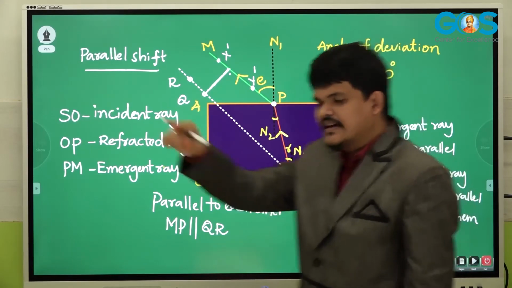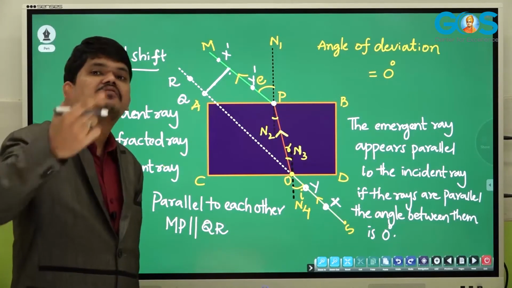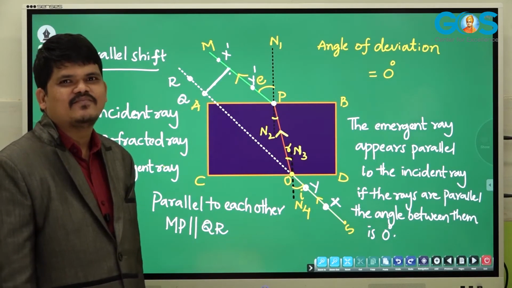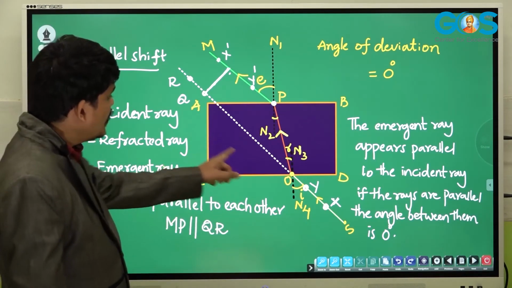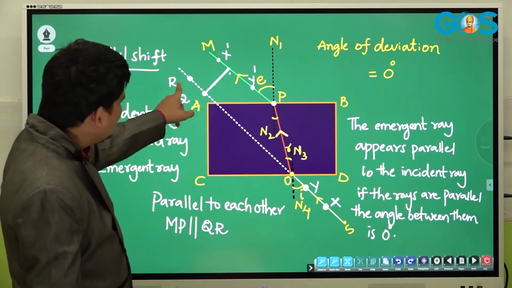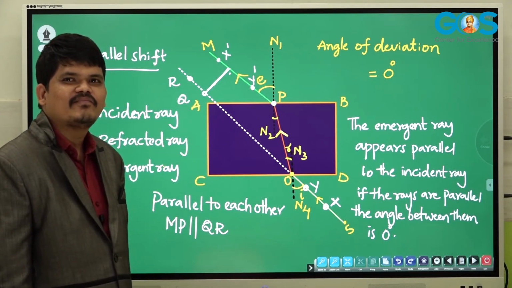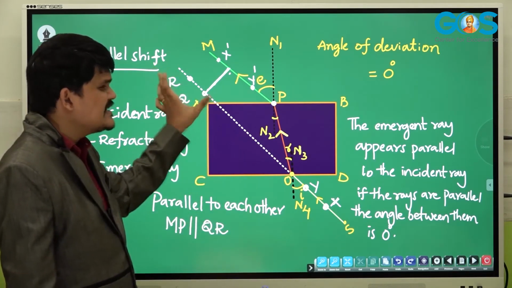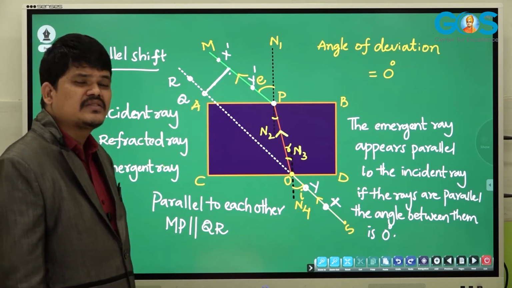That means the ray suffers refraction when it passes through the glass slab. Now try to extend the incident ray as shown here.